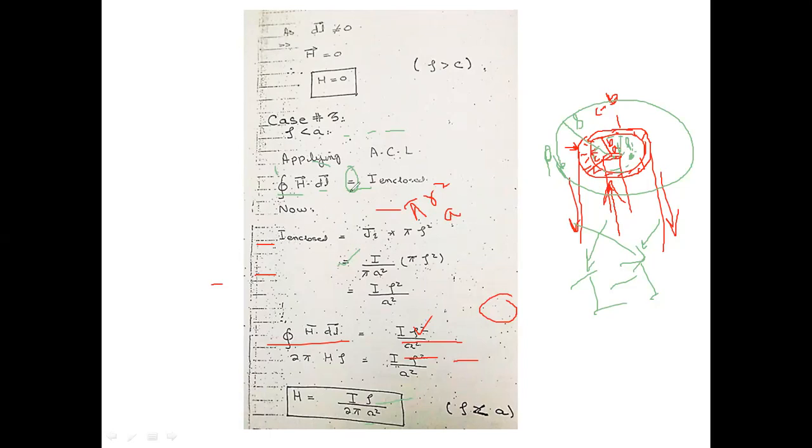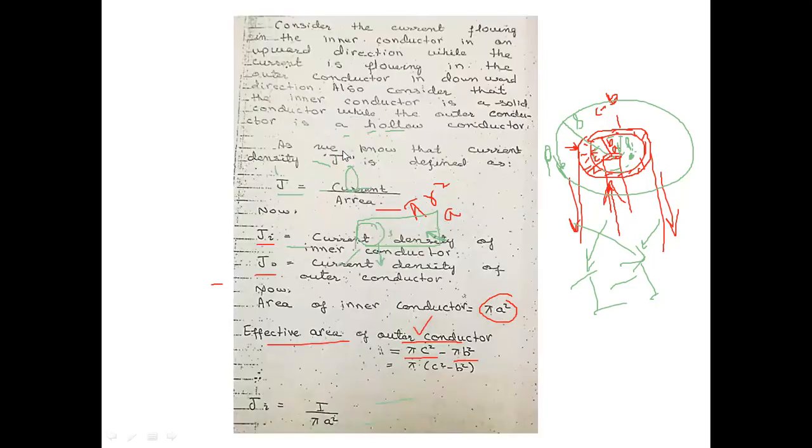I enclosed is also equal to this according to the definition of the current density. So J dot cross, meaning multiplication of pi rho square. This is the radius for the point of observation. Now Ji is equal to I over pi a square. This is the current density for the inner conductor. We have already discussed it in the previous slides.